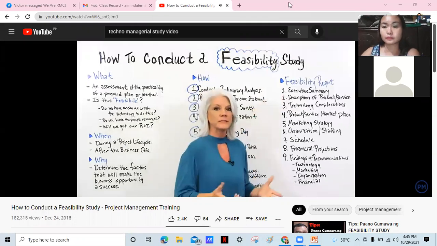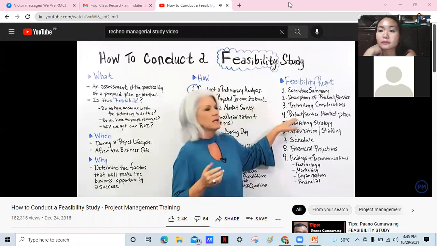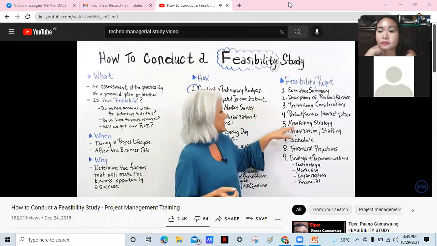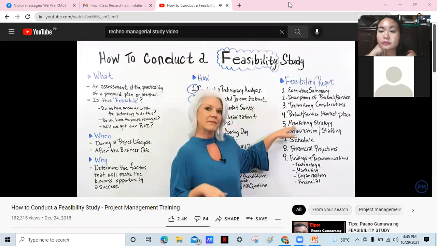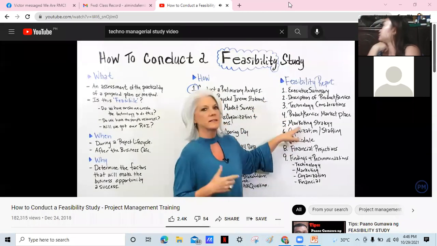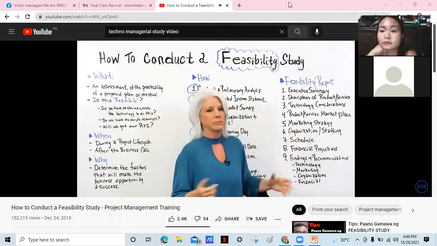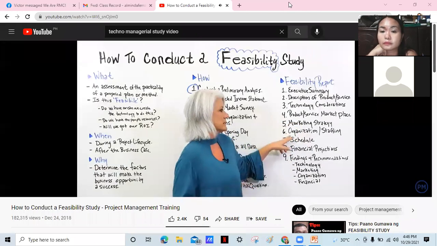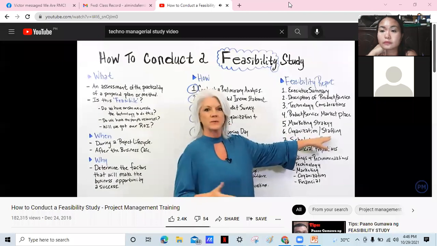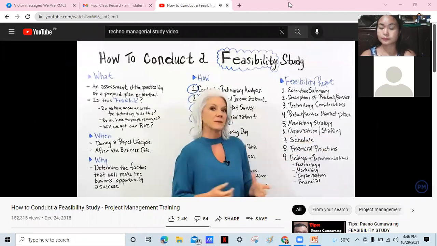Are you going to build the technology? What kind of product and service marketplace? And being able to identify the specific market you're going to be targeting. Also, what is the marketing strategy you're going to use to target the marketplace? And also, what's the organizational structure? What are the staffing requirements? What people do you need to deliver the product or service and even support it?